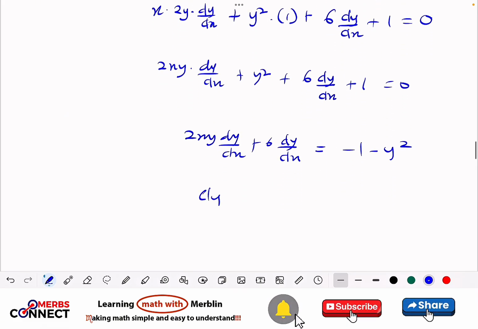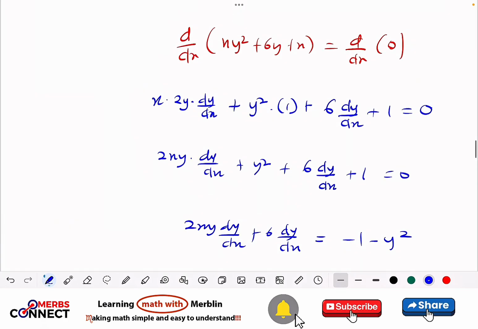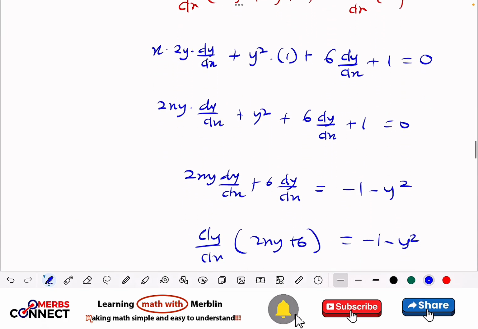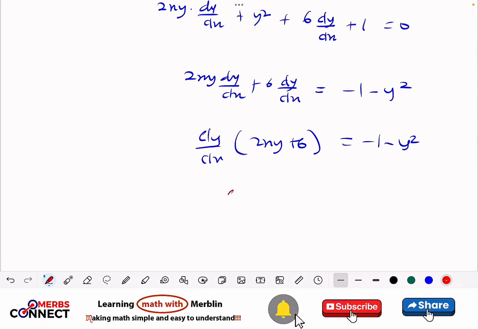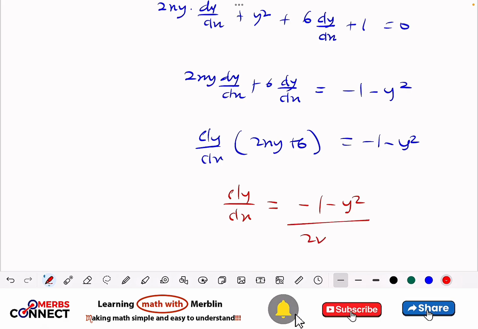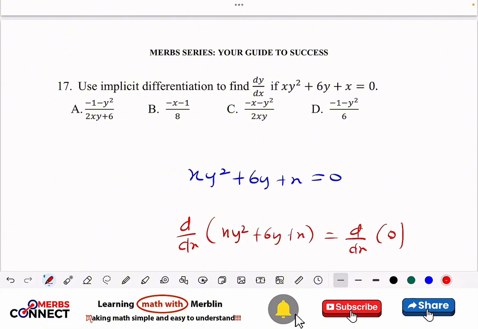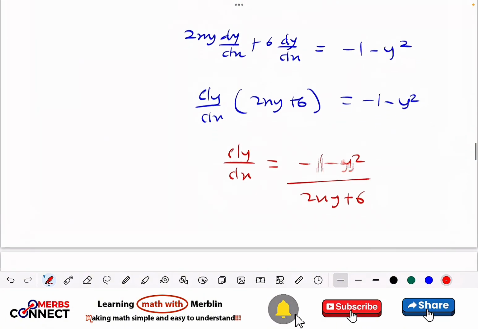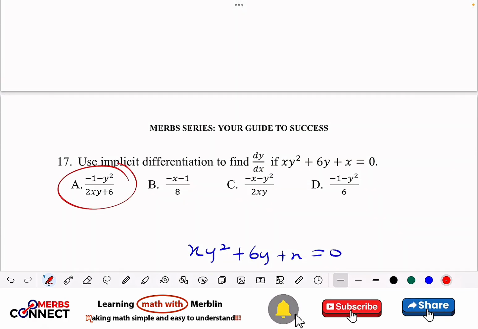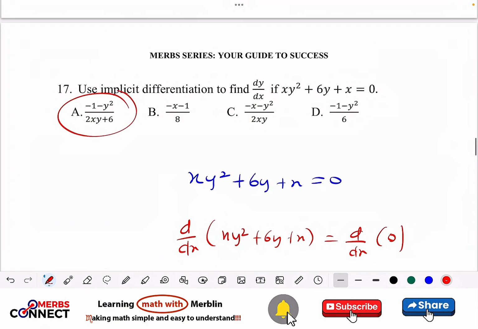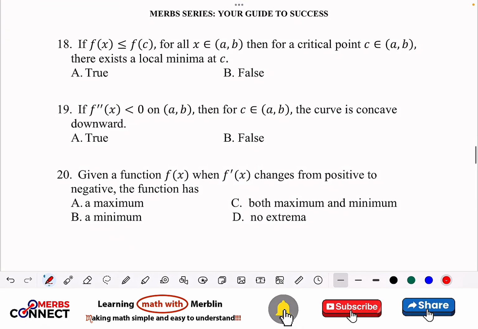Here I can factor dy/dx out and be left with 2xy plus 6, and this is minus 1 minus y squared. So this is going to give us dy/dx to be equal to minus 1 minus y squared, over 2xy plus 6. So let's see if we have the answer there. Okay, so I think it's supposed to be A. Yes, so we have the A here. Is that right? Yes, it's right. Let's look at question 18 and then the rest.